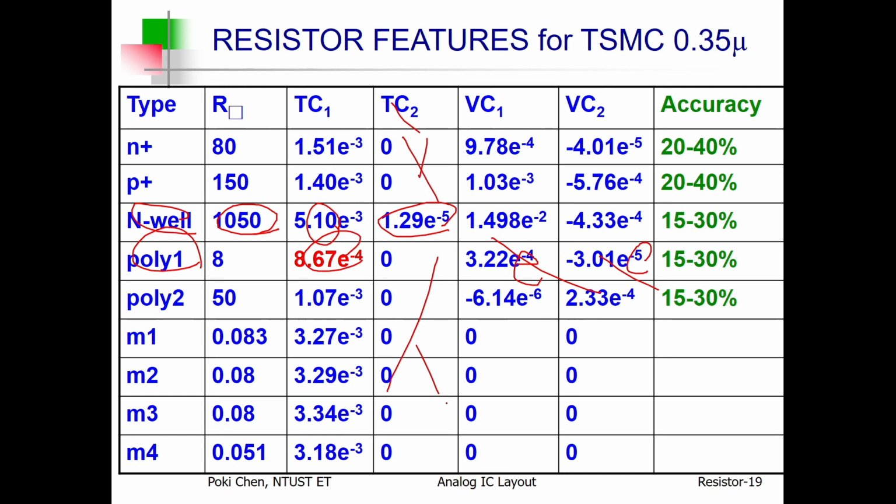For temperature variation, we get not only a linear change for the resistance, but also some kind of second order change. Wow, that is really bad for your own design. Again, don't touch. Unless you have no other better choice, otherwise don't touch MWell because the performance is really bad.